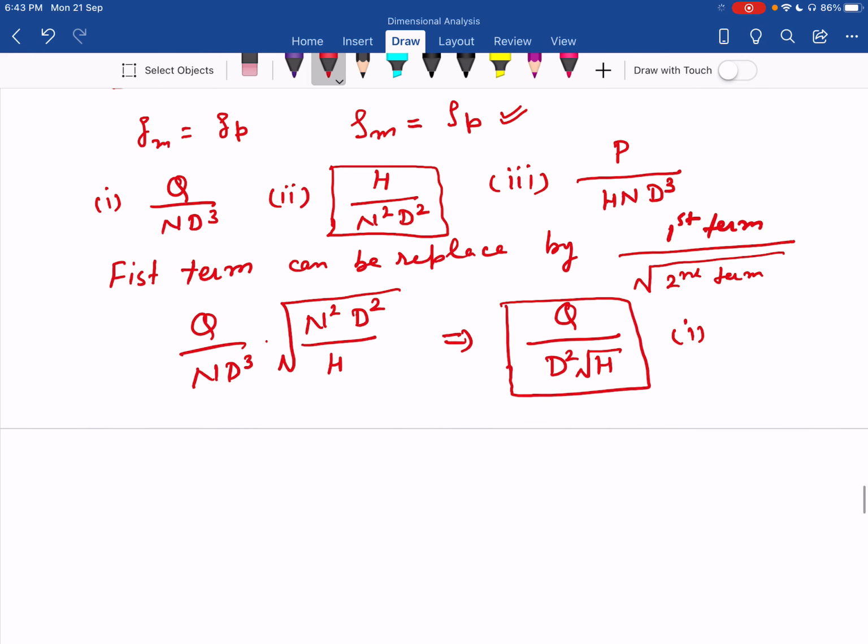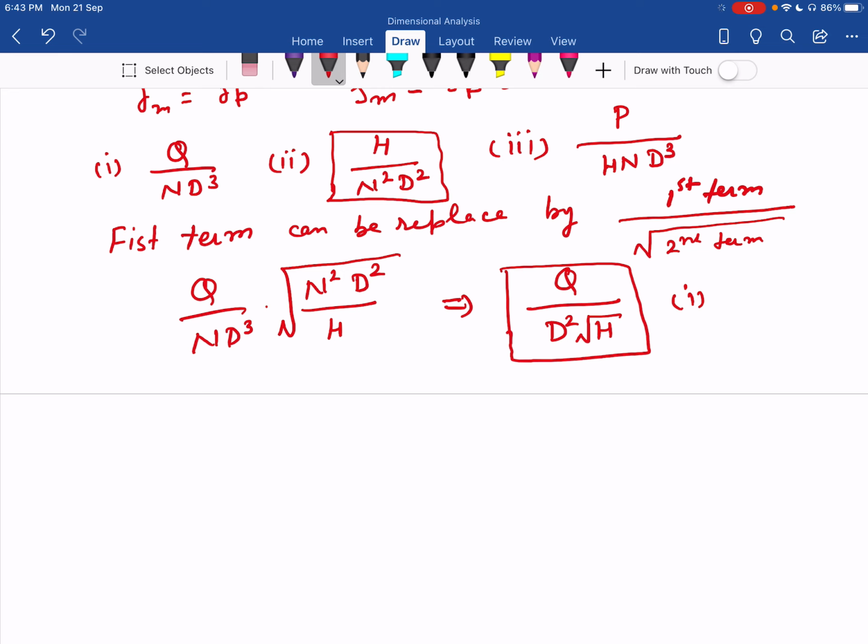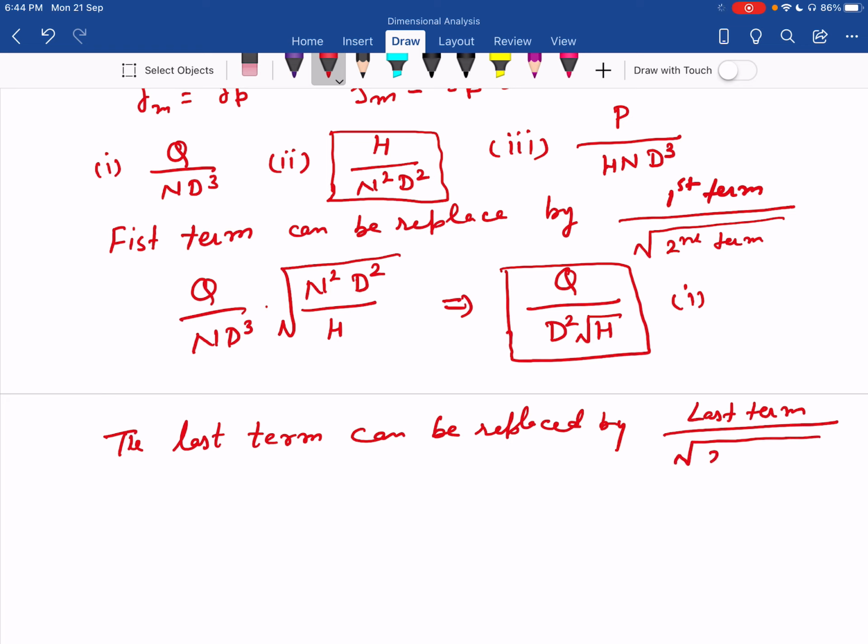Now we do one more alteration. The last term can be replaced by the last term divided by under root of the second term.